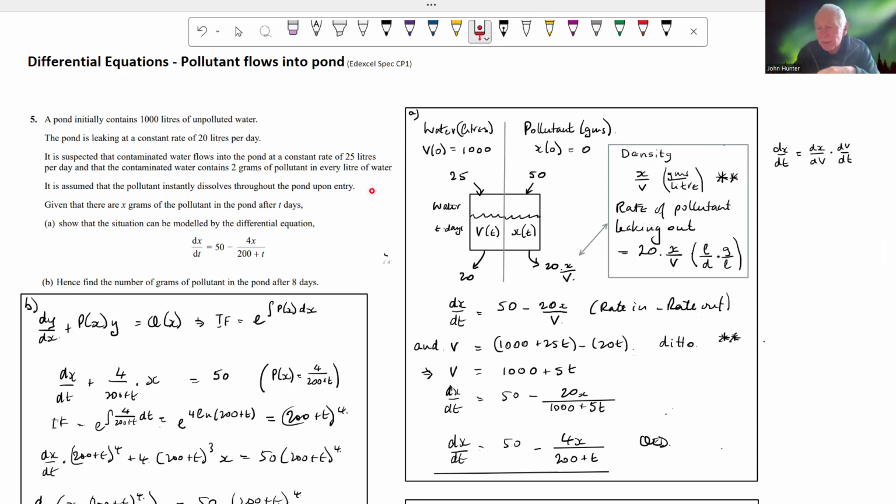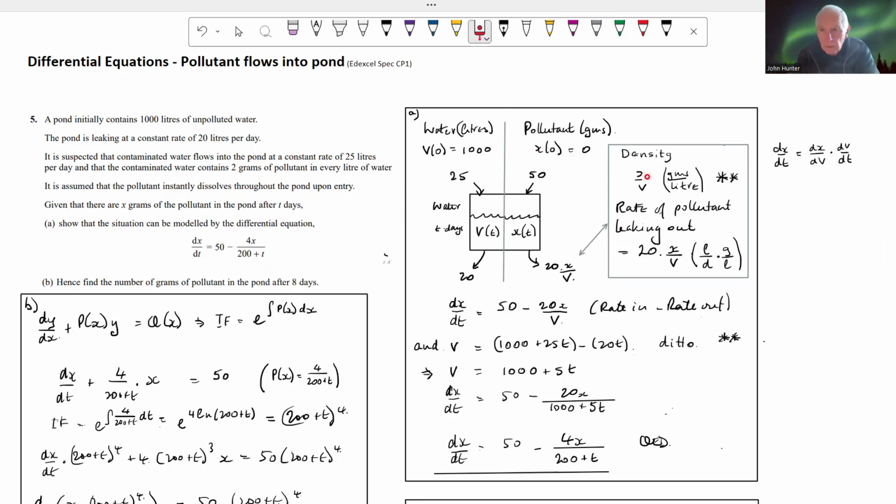So initially, in the first unit of time, 2 grams of pollutant has gone in, but the same hasn't come out. So the density is changing, and that's what makes this tricky. But this is a form of problem that will crop up.